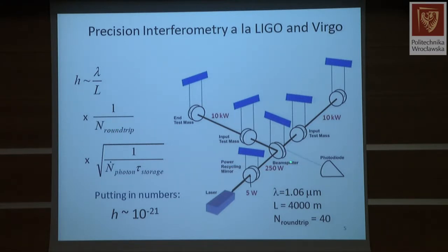Moreover, you also put in an additional mirror called the signal recycling mirror, which effectively increases the laser power in this interferometer, which can be thought of as a certain cavity. And this again increases the sensitivity. This technique was invented by the late Drever. So with this interferometer, you can measure very, very small amplitudes.